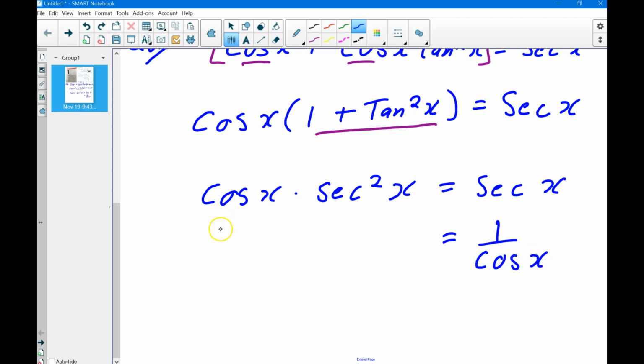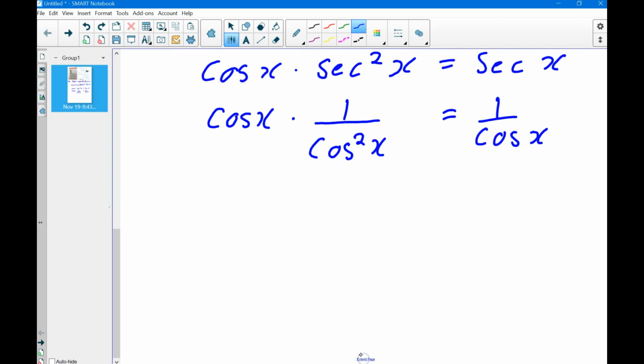On the other side, we're going to have cosine x times 1 over cosine squared x. If we keep looking closely, we have cosine x here and cosine squared x here, and we're left with 1 over cosine x equal to 1 over cosine x, and you've just proved that they're equal.